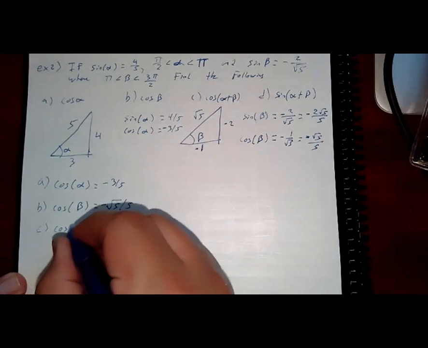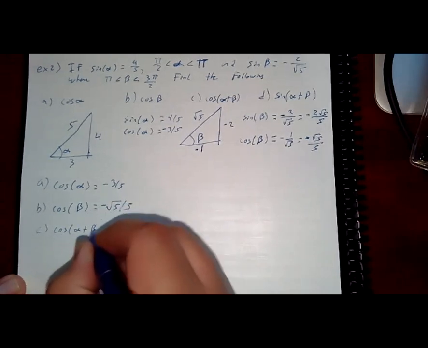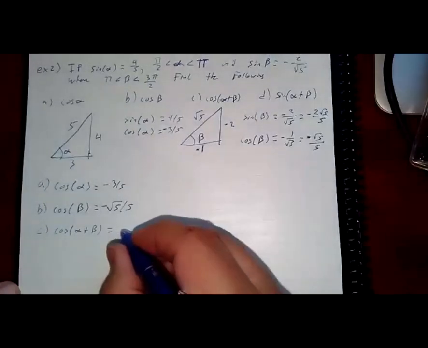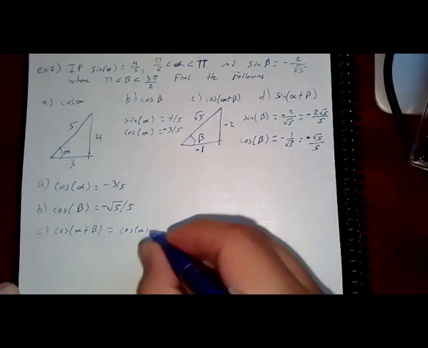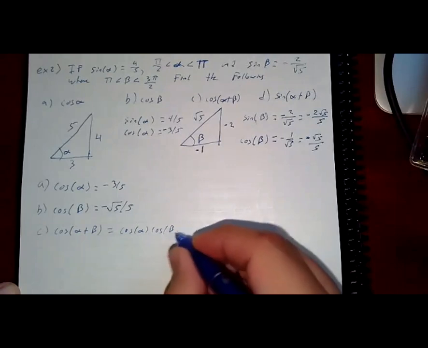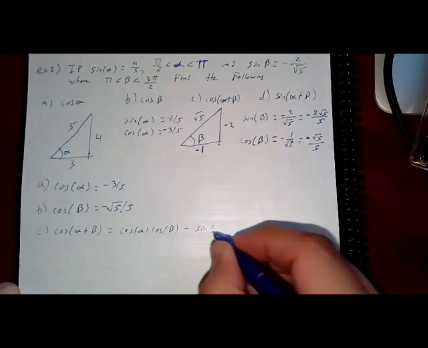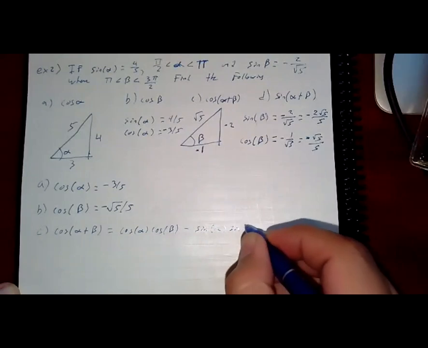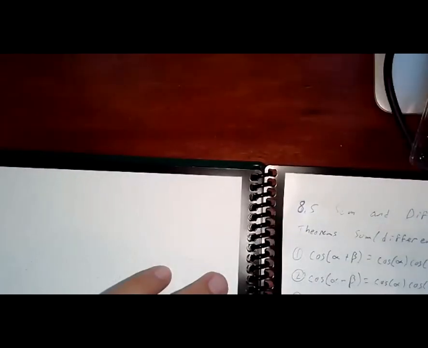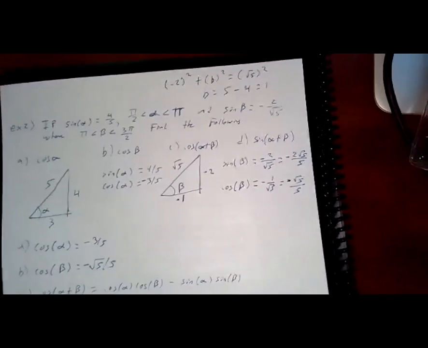So cosine of alpha plus beta, the formula says that's going to be cosine cosine minus sine sine. You do not have to memorize these. Yeah, if it's plus, cosine is opposite.